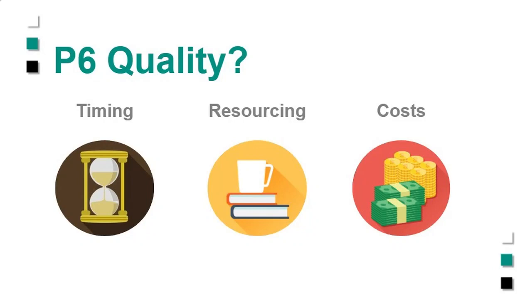So lots of people still do resourcing in P6, and it's a very strong part of the software. And then 30 to 40% used costs. So the idea is we're trying to evaluate the quality of everything that you can use inside the system. A lot of the standards out there in the market relate to timing primarily, not always resourcing and costing. So we do all those.